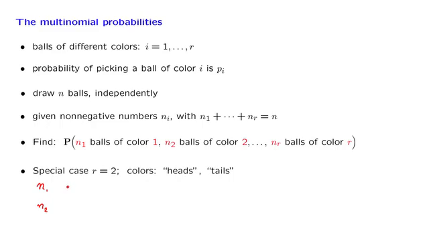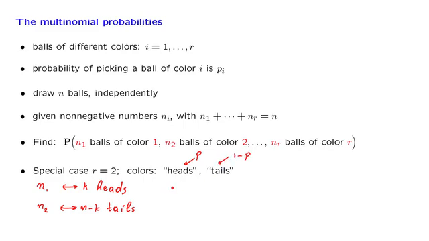Well, we could think of this as a setting in which we're asking for the probability that we obtain k heads and n minus k tails. So the question of what is the probability that we obtain k heads and n minus k tails is of the same kind as what is the probability that we get n1 of the first color and n2 of the second color. Now, if heads have a probability p of occurring and tails has a probability of 1 minus p of occurring, then we would have the following analogy.